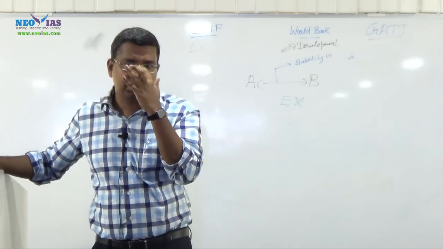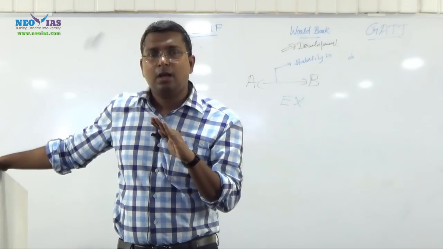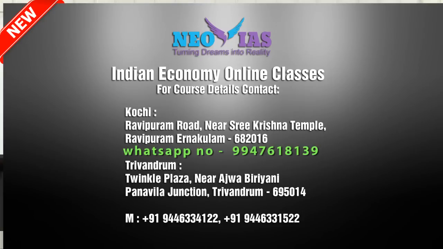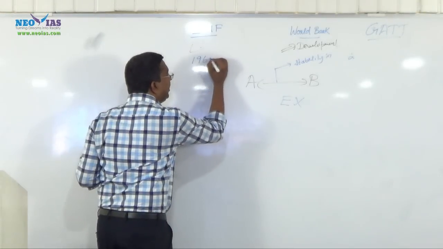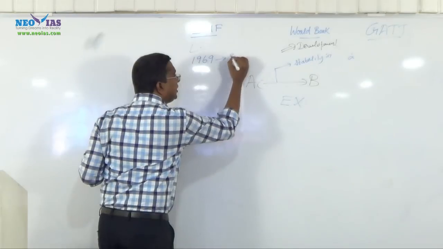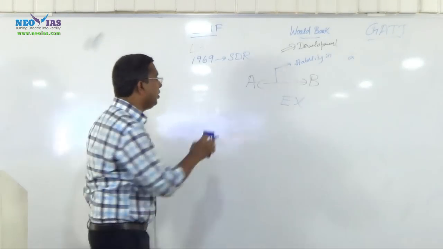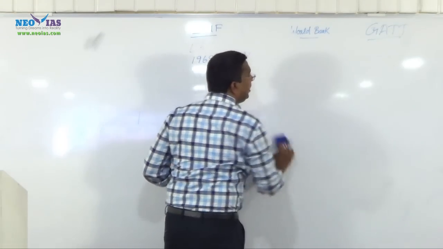We already discussed that IMF gives loans to its member countries through its own unit of account. IMF has its own unit of account which it created in 1969, called special drawing rights. We discussed it in the last class. Special drawing rights.